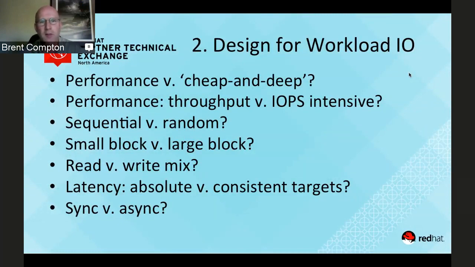Or do they have some overriding performance objective? Of course, cost is always a factor, but if it's an overriding performance objective, that's different. So in our reference architectures, we try to go through different configurations that will be optimal for these different types of workload patterns.